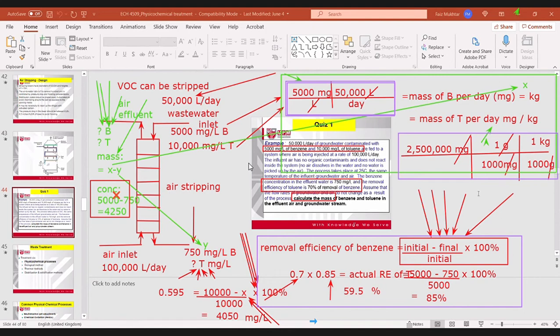What I noticed last time is that instead of dividing, for example, here 2.5 million divided by 1,000 times 1,000, they multiplied 1,000, multiplied 1,000, and they got around a few billion. Okay, so those two things you need to be careful on: unit conversion and also the meaning of efficiency.